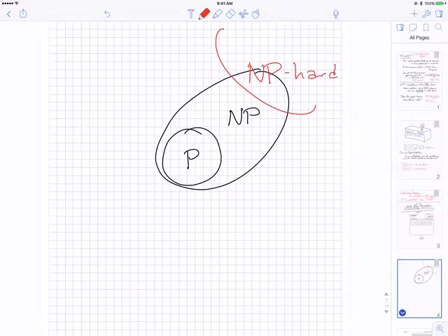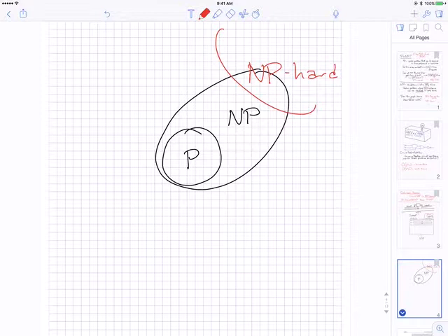Okay. So how come any NP hard problem being solved would mean that P equals NP? That's the definition of NP hard. That is the definition of NP hard.